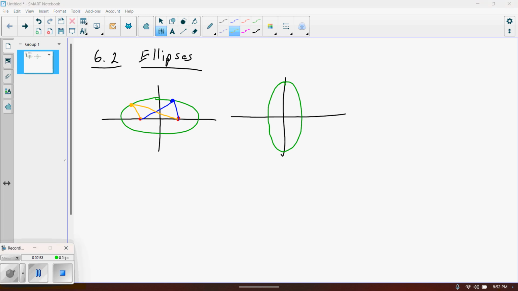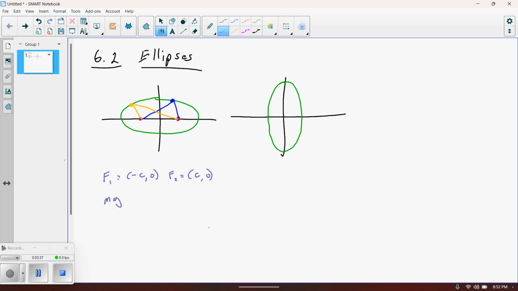If the ellipse is in the form of the one we have sketched, where it's more stretched in the x direction, the foci are going to be two points. The first focus is at the point (-c, 0), and the second focus is, as you might predict, (c, 0). They are exactly the same distance away from the center, which in this case is the origin, and they are along the major axis, which is the one with the longer stretch.